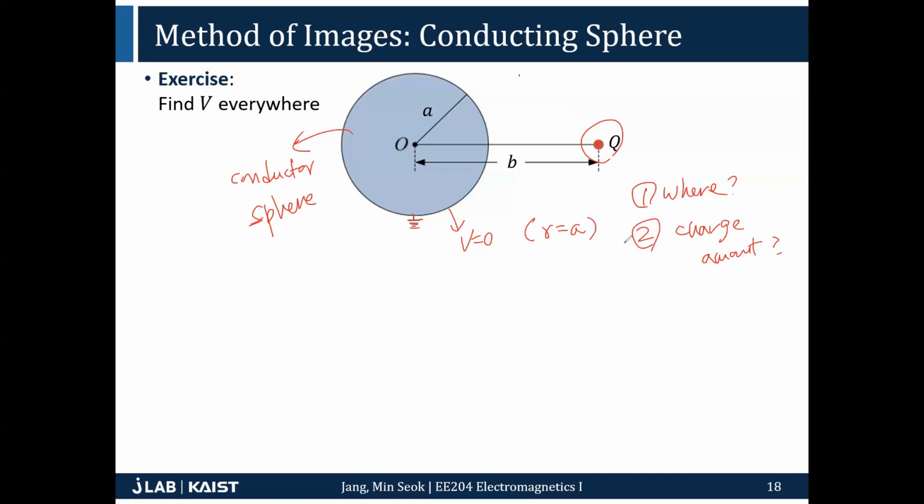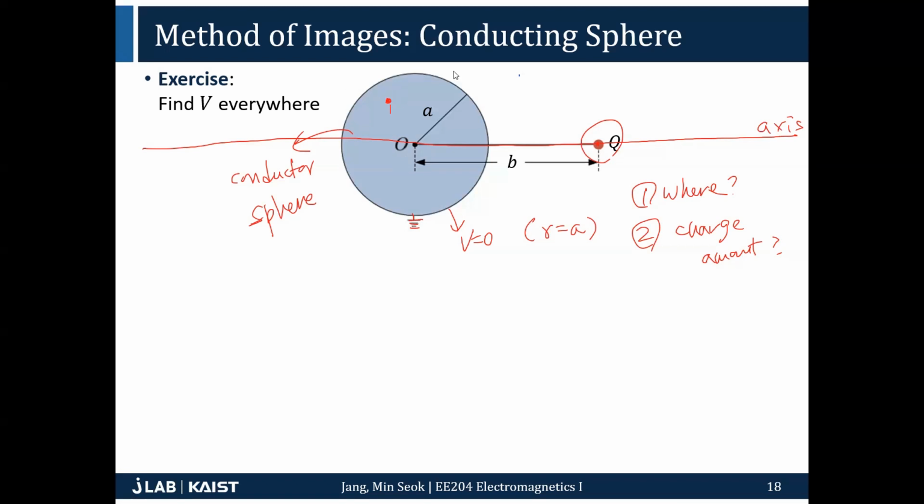One thing that we are absolutely sure of is that the system has symmetry with respect to this axis, right? So if we put an image charge somewhere, it should be on this axis. It doesn't make sense to put something here, because if we rotate the system, then the image charge would be rotated, which doesn't make any sense.